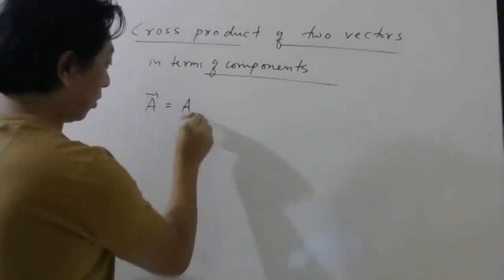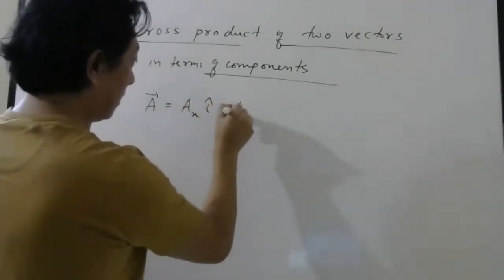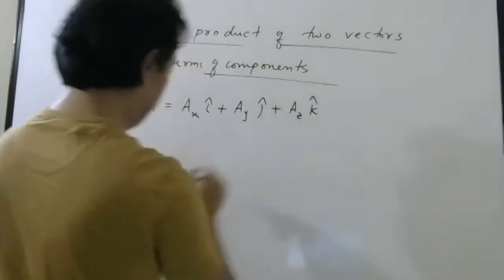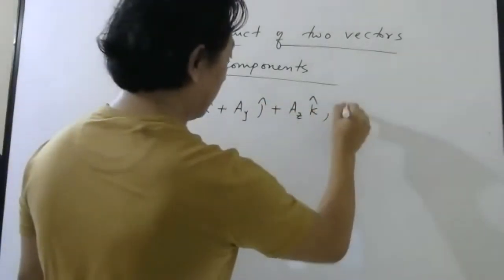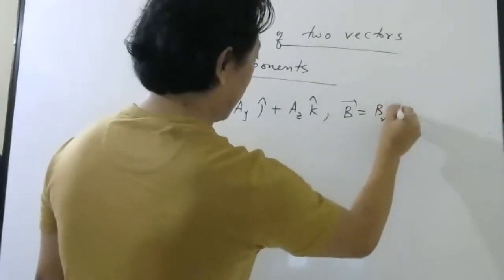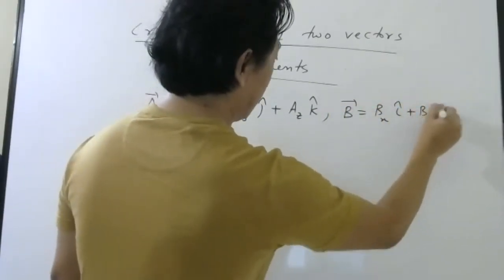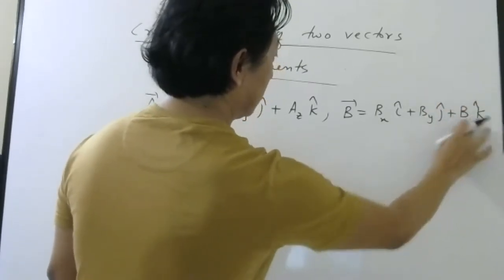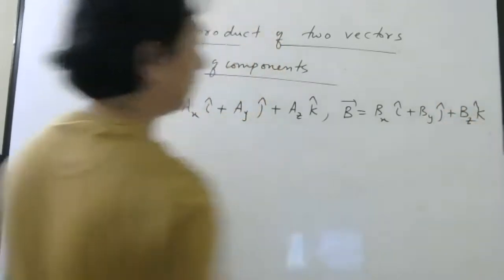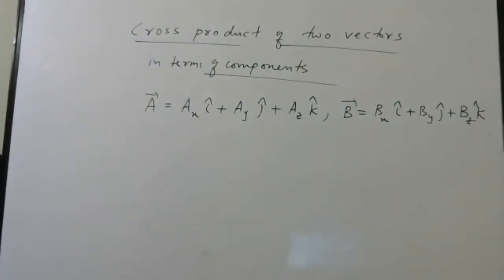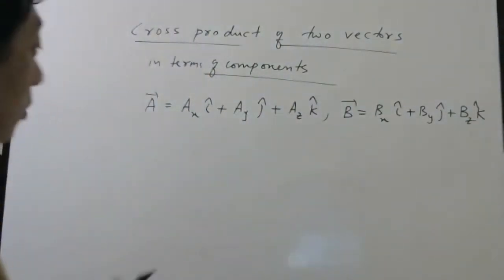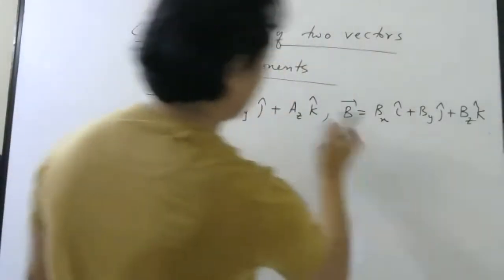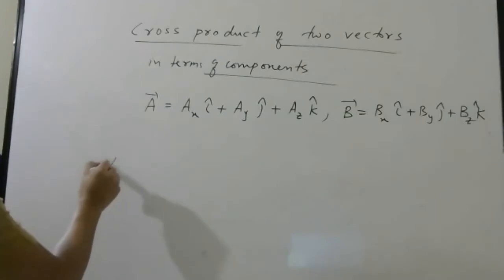The first vector's components are ax i cap plus ay j cap plus az k cap, and the second vector given is bx i cap plus by j cap plus bz k cap. So if these two vectors are given with x, y, z components of a bar and x, y, z components of b bar, then how do we write the cross product?